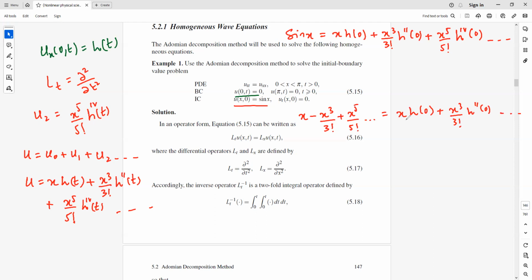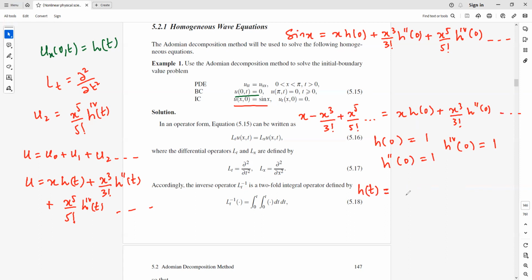Now if we compare the coefficients, h(0) equals 1, h double prime of 0 equals 1, and similarly the fourth derivative at 0 will again be 1. So all the derivatives are 1, therefore h(t) can be expanded in the Taylor series form.